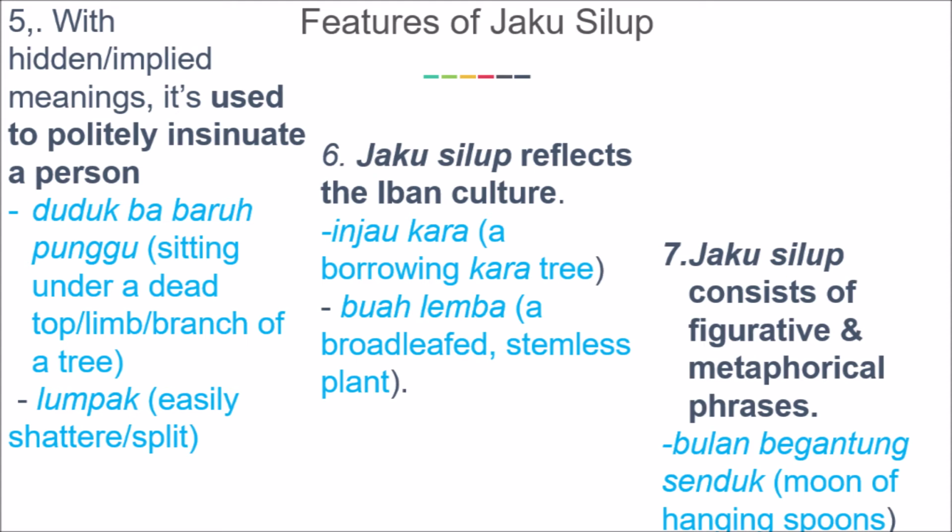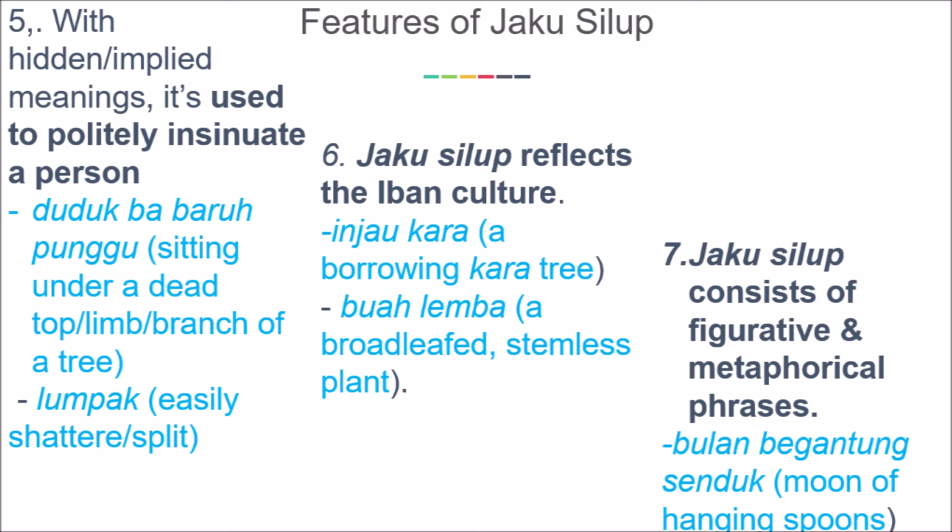And then one of the most particular things about allusion is that it consists of figurative metaphorical phrases, meaning it is using a lot of symbols, a lot of figures made up into metaphorical phrases.